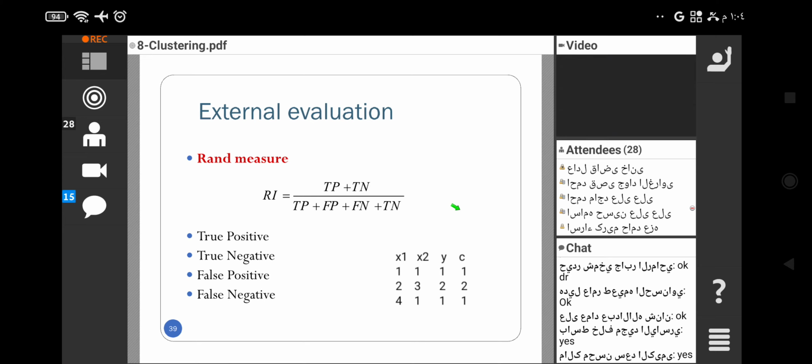So these are the different methods for evaluating the clustering algorithm.